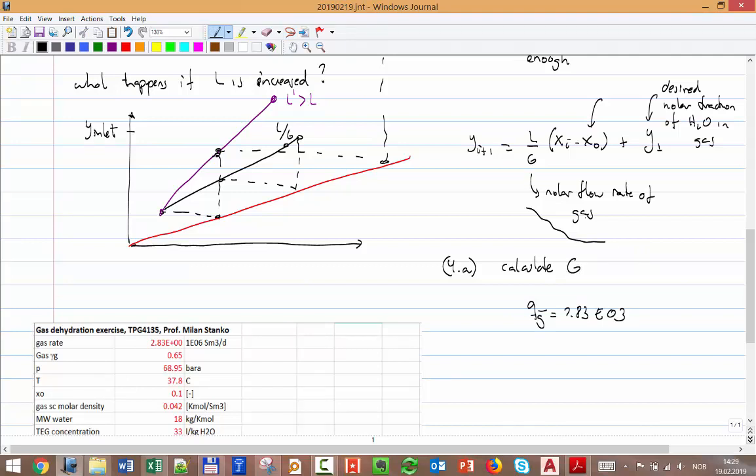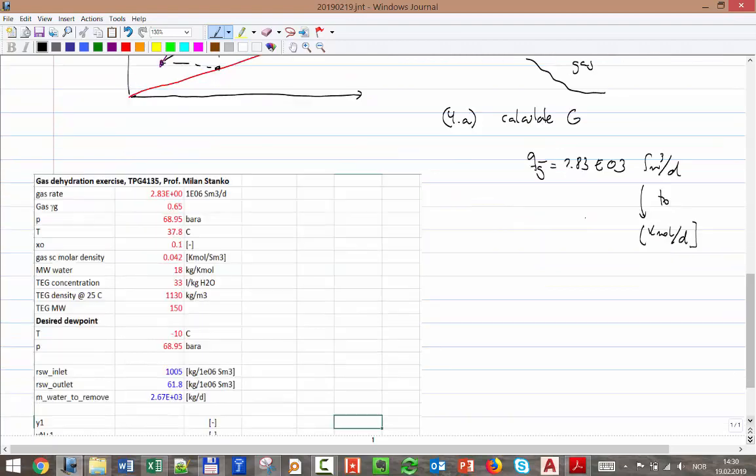So how do we change from this rate to molar rate? How do we change the units from standard cubic meter per day to molar rate, to kilomole per day? We use the equation of state.